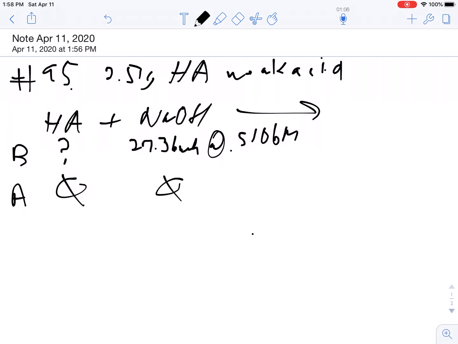And this should also be 0 after complete reaction. So we can figure out how many moles of sodium hydroxide I have.